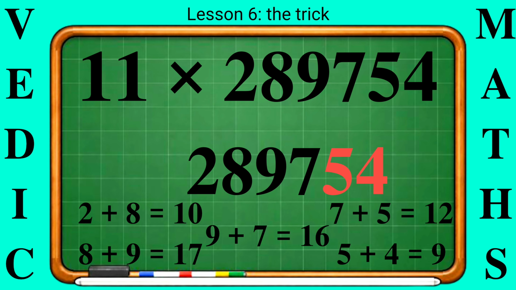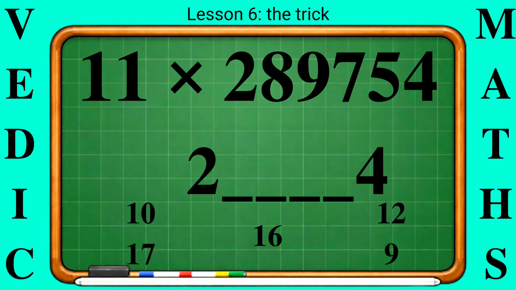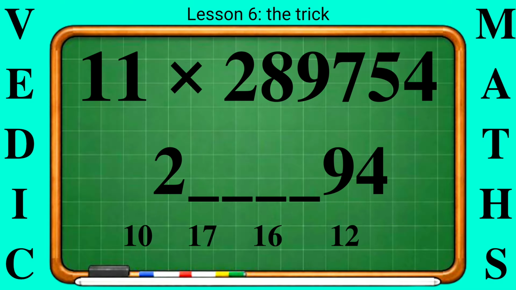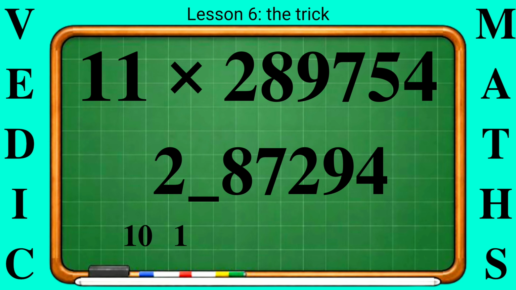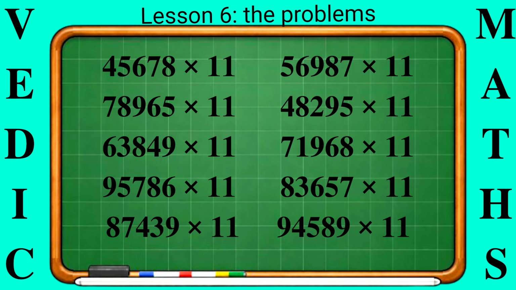Now let's see the numbers. Now that we've got the numbers, we shall put them in the middle, but we will also have to carry. So let's carry all the numbers. Now we have carried them, so let's put them in the middle. So the answer is 3,187,294. Done. Try those examples.